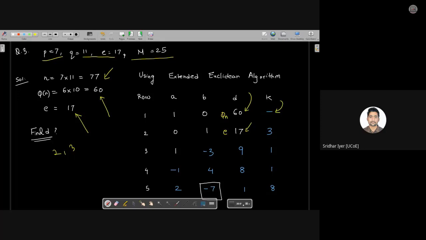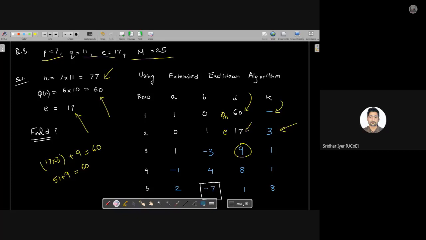Again, with similar logic, 17 into 3 plus 9 is equal to 60. Just check: 51 plus 9 is equal to 60. So I wrote the quotient over here and the remainder over here. Is it clear? Yes or no? Simple enough.